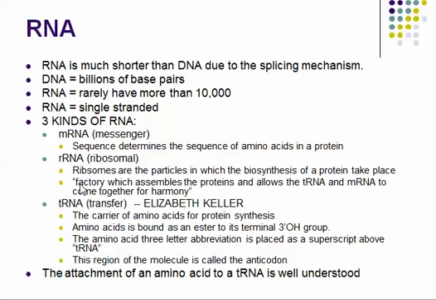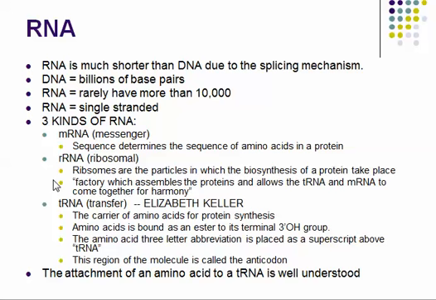The rRNA, what we call ribosomal, well, this is the particles in which the biosynthesis of a protein takes place. So you have to think of this, like I've written here, as a quote-unquote factory. So the rRNA is the factory where the protein assembly takes place.